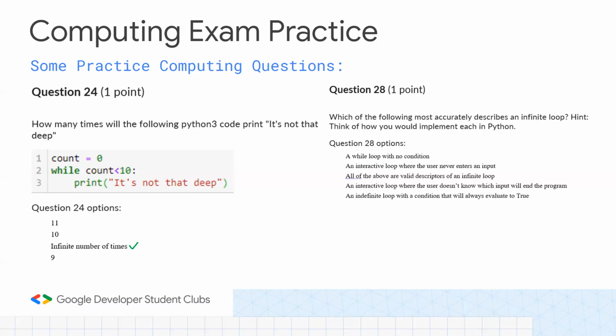Because we do not update the count variable inside the while loop, the count always remains 0 and that statement always remains true. So that's essentially equal to a while true loop, because we are doing nothing inside the loop to make that condition false.